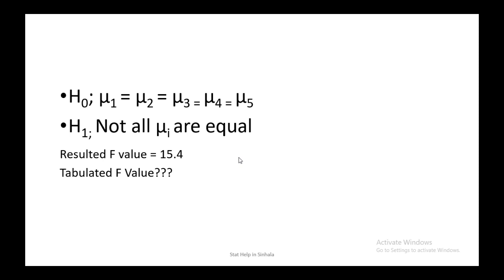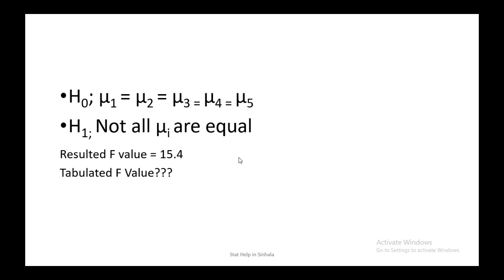The alternative hypothesis is that at least two means of two fertilizers are different. At least the mean value of harvest of two fertilizers are different. That is the alternative hypothesis. So the resultant F value is 15.4.